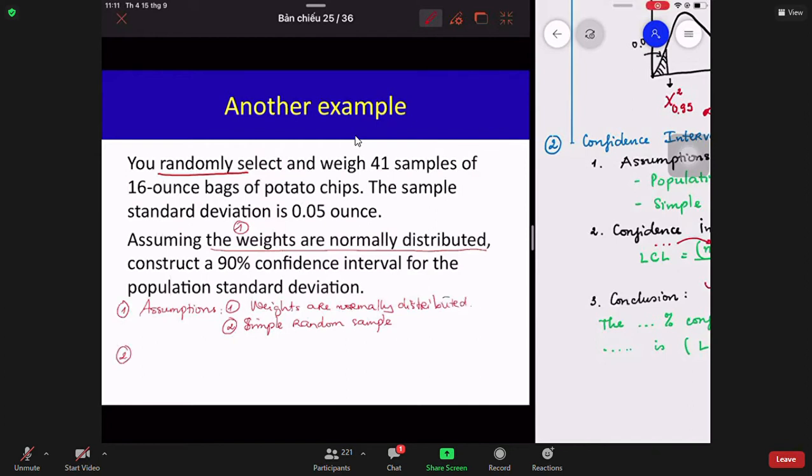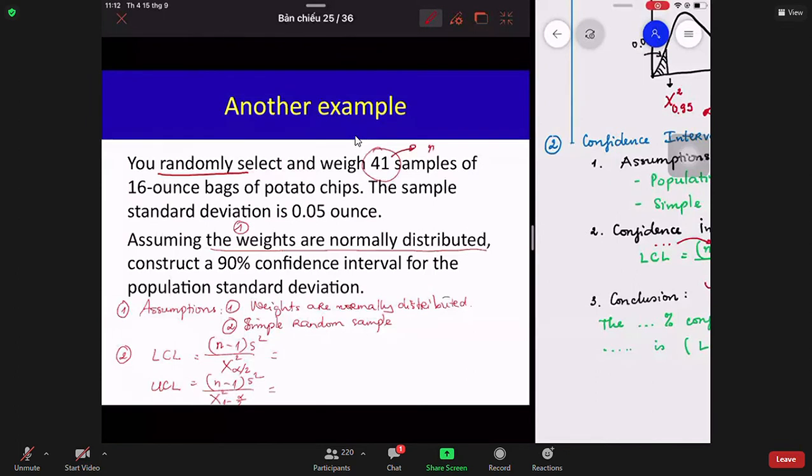In the next step, we have to find the lower confidence limit and upper confidence limit: (n minus 1) s squared over chi-squared alpha over 2, and (n minus 1) s squared over chi-squared 1 minus alpha over 2.